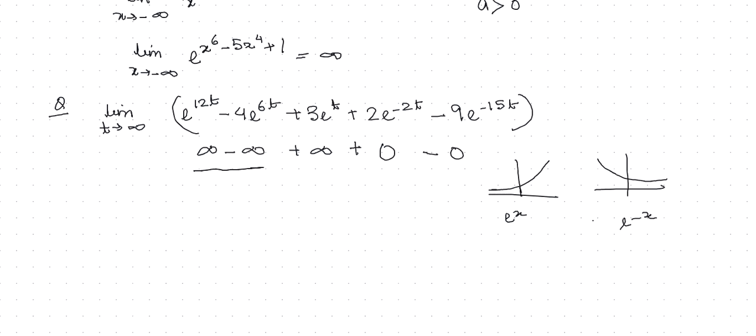Infinity minus infinity is indeterminate. 0 minus 0 is not indeterminate, hence it is not a problem. So what we do is we factor out the highest power. In doing so, all the remaining have negative exponents, and the limit of those will be 0, and then we'll not have any problem.